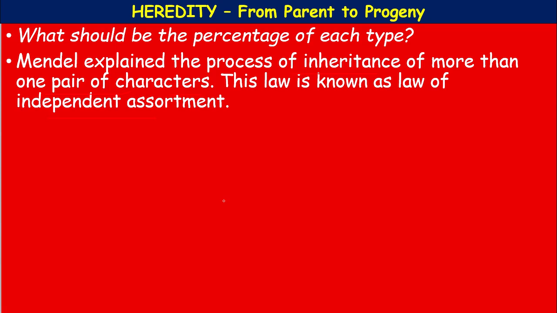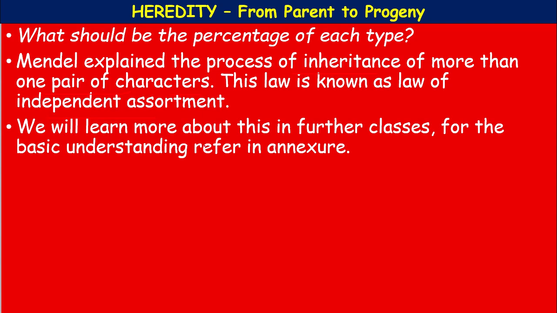The Mendelian recombinations were mainly due to the independent assortment. This principle was proved using the dihybrid cross and phenotypic ratio, that is 9:3:3:1. We will learn more about this in further classes.